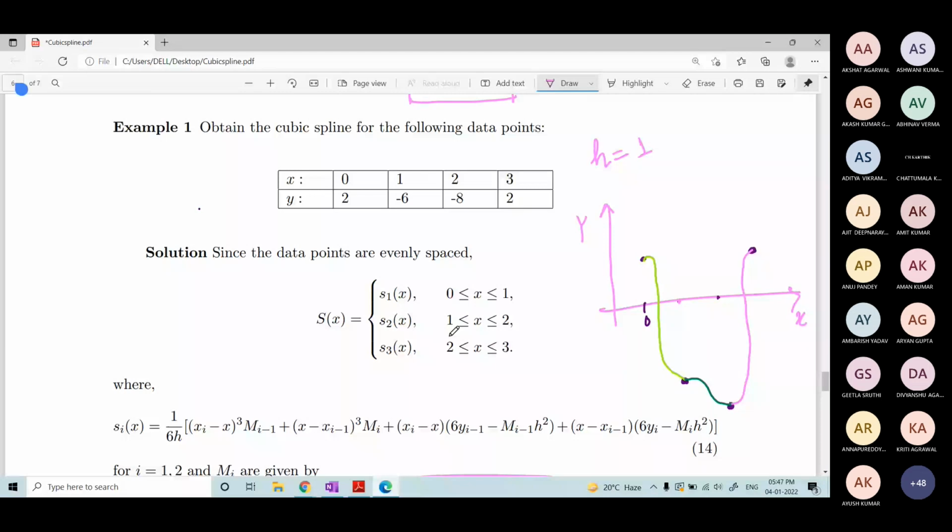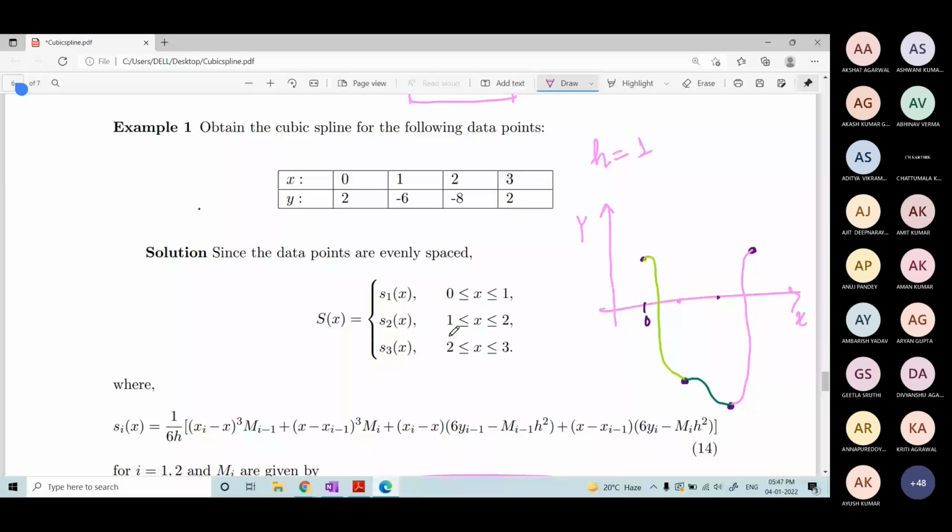Put I equals 1: you will get m0 plus 4m1 plus m2 equals 6 by h squared times (y0 minus 2y1 plus y2). Then to get the next equation, put I equals 2: m1 plus 4m2 plus m3 equals 6 by h squared times (y1 minus 2y2 plus y3).